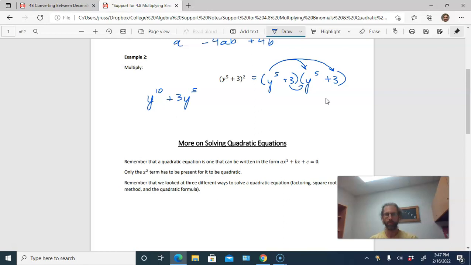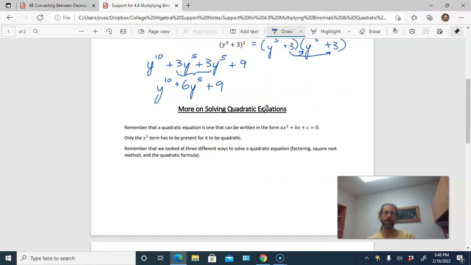Then we'll distribute the 3, and that's going to give us another 3y to the fifth. And finally, 3 times 3 is 9. And again, just like the last one, these two terms in the middle are like terms. So 3y to the fifth plus 3y to the fifth will be 6y to the fifth. And you just bring down your other terms. Okay, so we get another trinomial here.